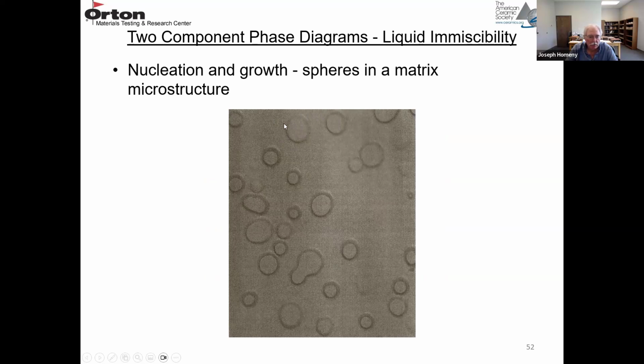So the first compound that crystallizes out in our case was B, and then A crystallizes out and forms a matrix. So isolated crystals in a matrix is basically what a nucleation and growth process would look like.